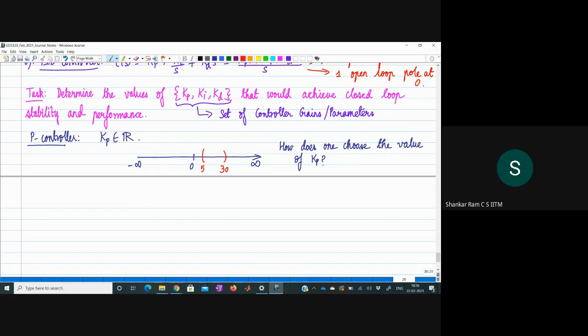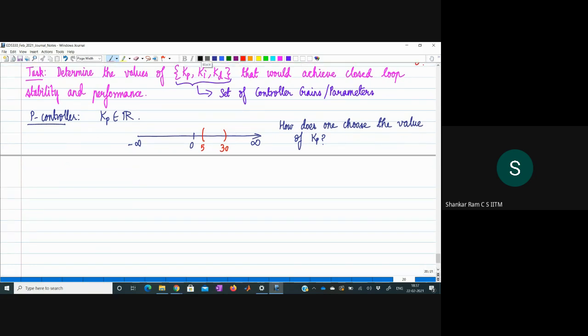We don't need to prescribe exactly one single value of Kp. But if, by doing some analysis, we can find one range of Kp such that choosing the value in that range ensures the stability and performance of the closed loop system, that is going to be much more beneficial to us. That's something we are going to learn how to do.